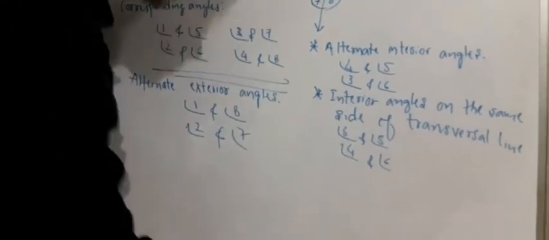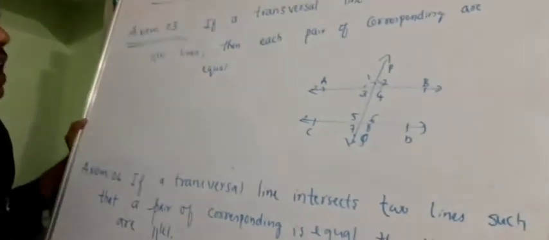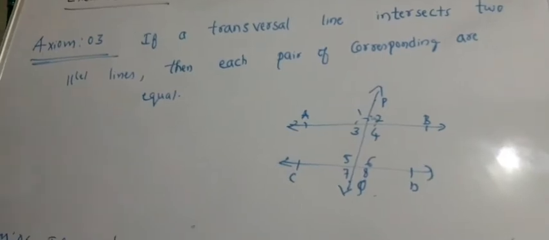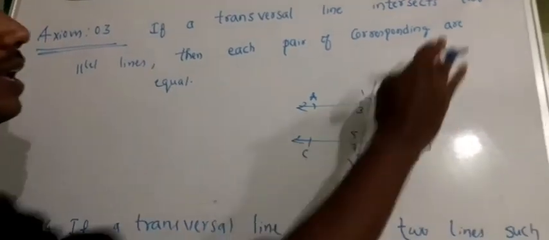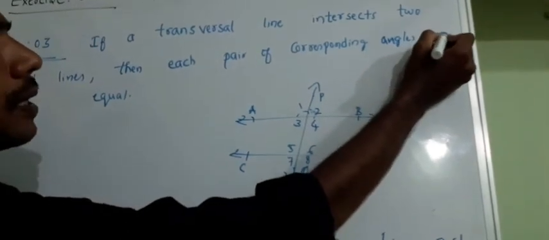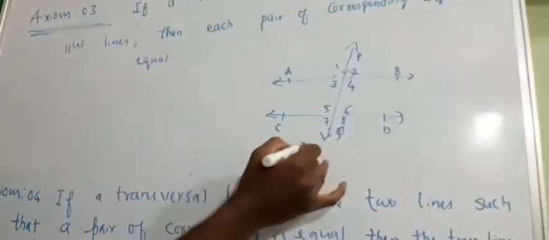Okay. Now, axiom 3, what does it state? If a transversal line intersects two parallel lines, then each pair of corresponding angles are equal. What does it mean?